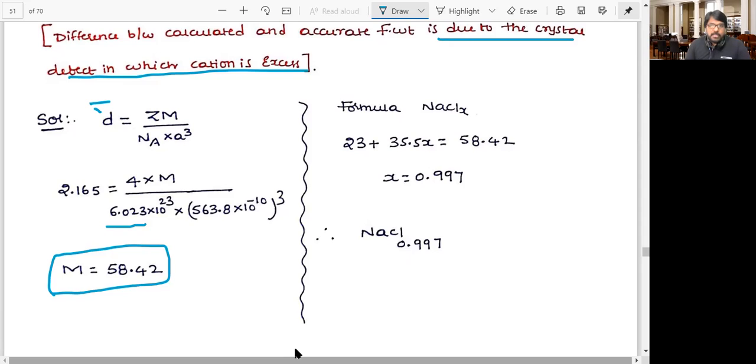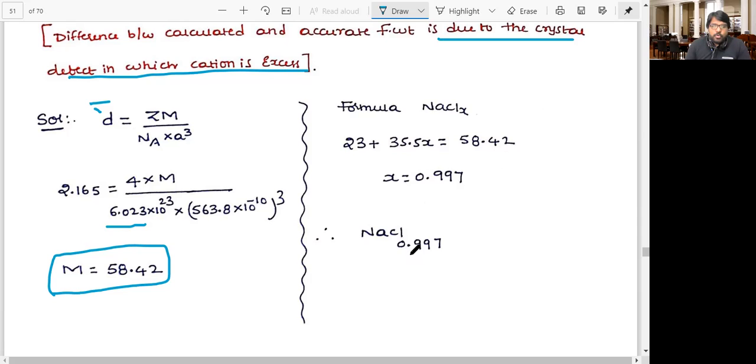What is the expected value? 58.5. 58.42. And the difference is due to which is in excess? Cations, excess of cations. So here let us take sodium, chlorine, and here I'm taking NaClx. And you have to see that sodium must be in excess when compared to chlorine, because that was mentioned very clearly in the question, right?